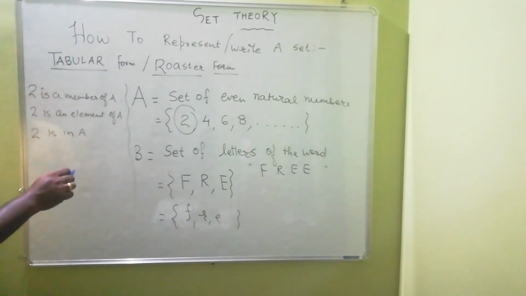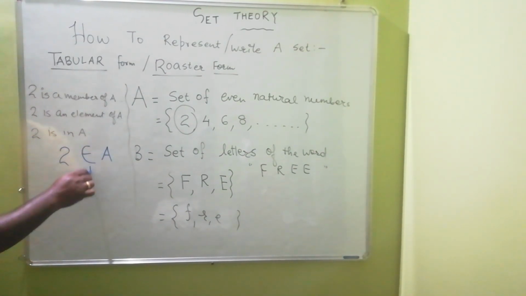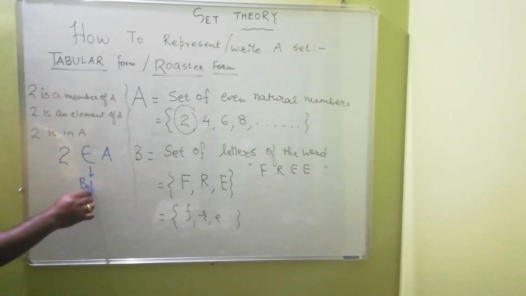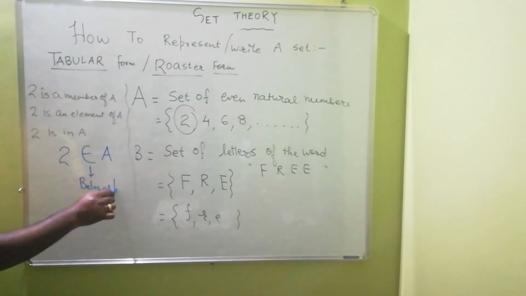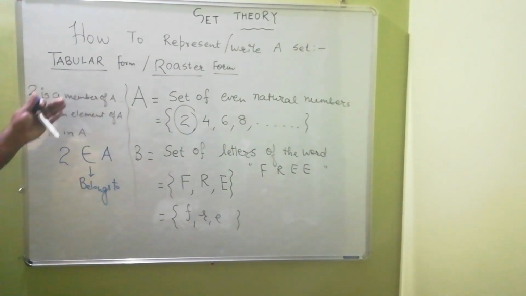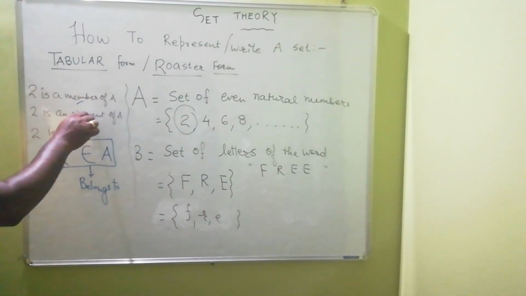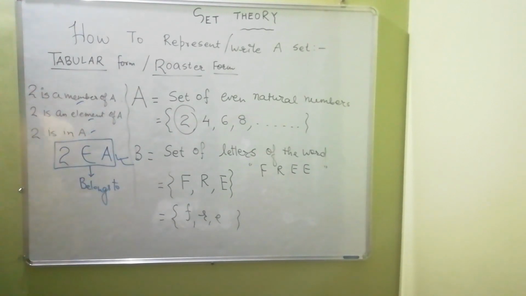And how to write symbolically? We will write 2, then this symbol for belongs to, and this is set A. This is called belongs to. So all these statements have one symbol, that is this. So this symbol is used for belongs to.